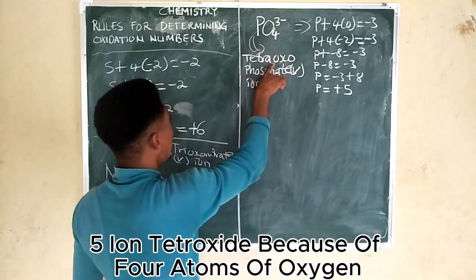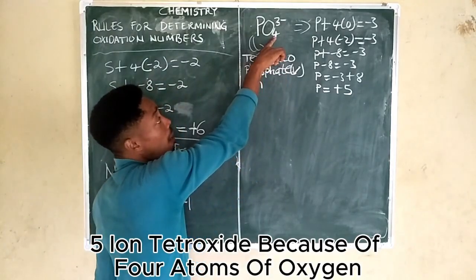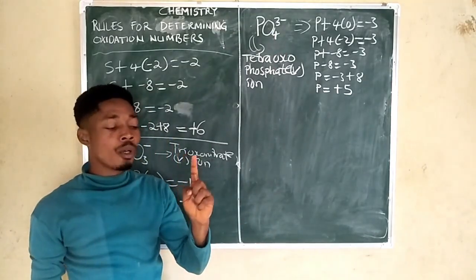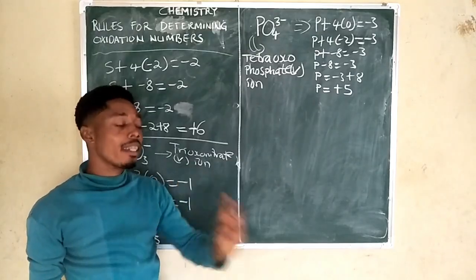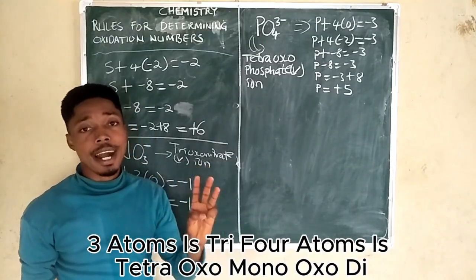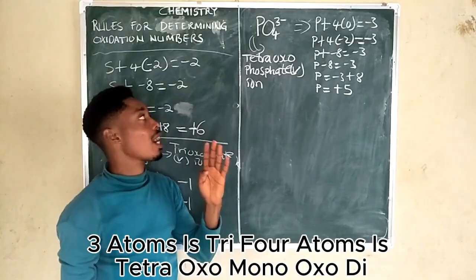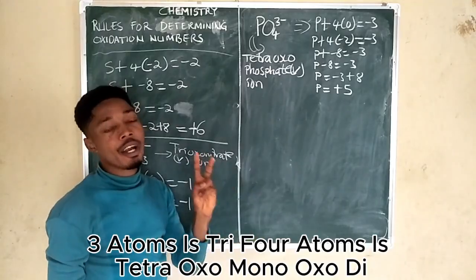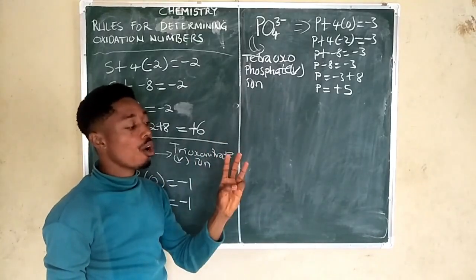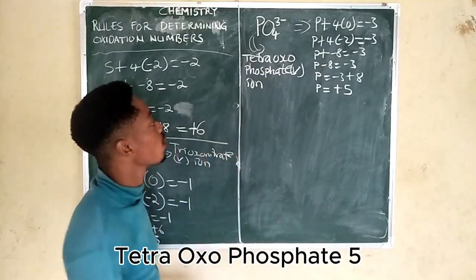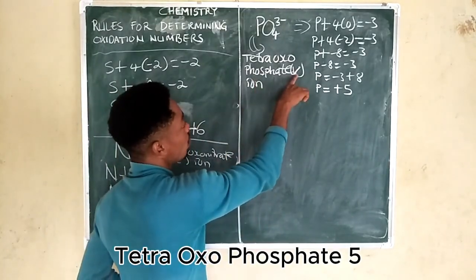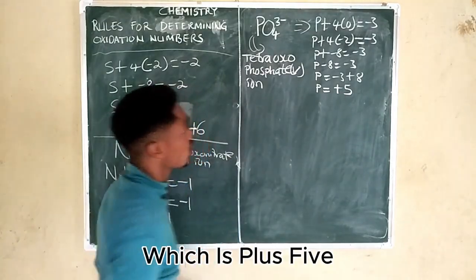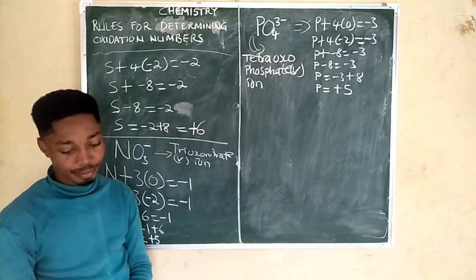Tetraoxo because of 4 atoms of oxygen. One atom is mono, 2 atoms is di, 3 atoms is tri, 4 atoms is tetraoxo. Monooxo, dioxo, trioxo, tetraoxo. Phosphate 5. The 5 here is the oxidation number of phosphorus, which is plus 5.